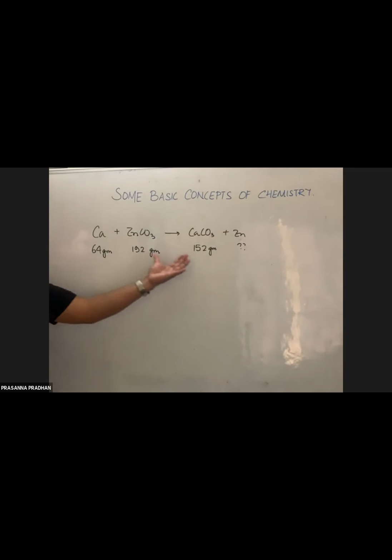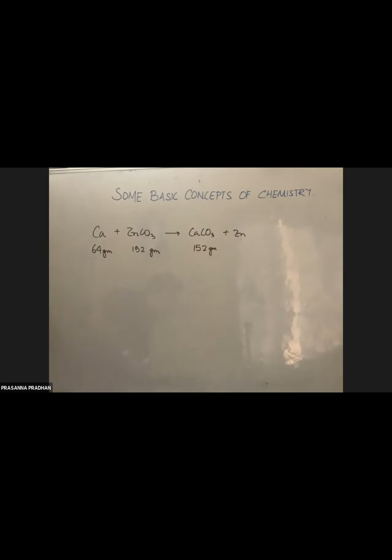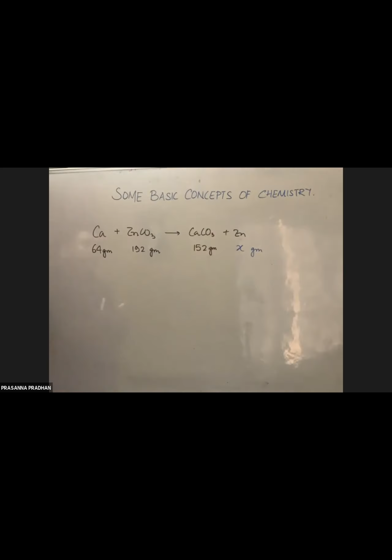The mass of zinc is not given, so let us assume the mass of zinc to be x gram. We are supposed to find it.